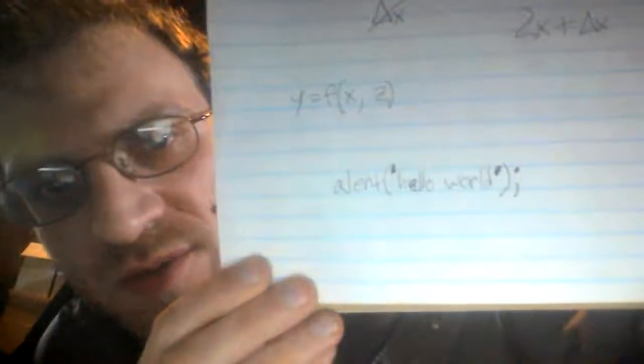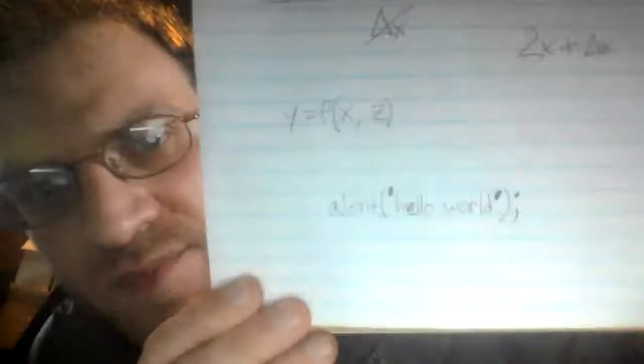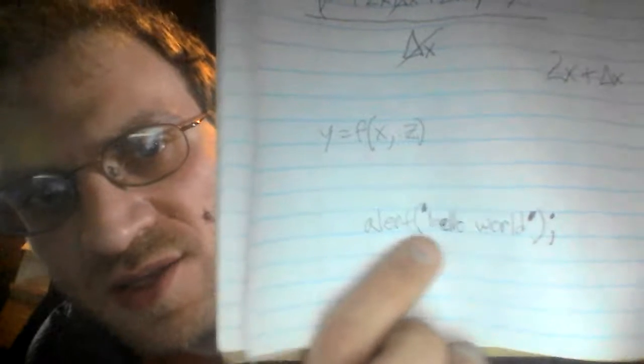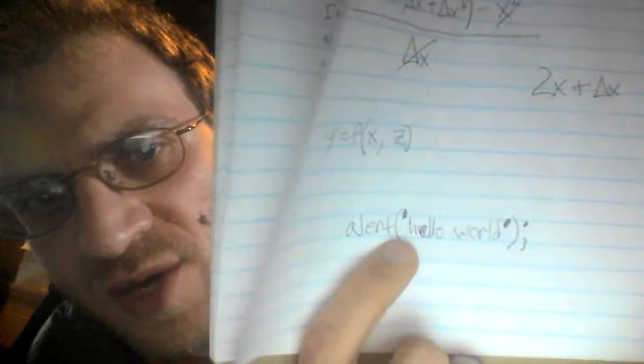The semicolon in JavaScript, you don't really need it, especially if things are on different lines. But the semicolon separates statements in the program. So I put single quotes around the string 'hello world.' Yeah, see, my handwriting's not that good. This is alert. Alert is the built-in function, and then the string, and these parentheses are the parameters to the function.